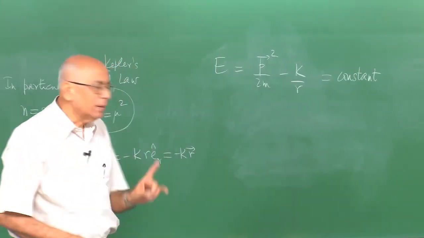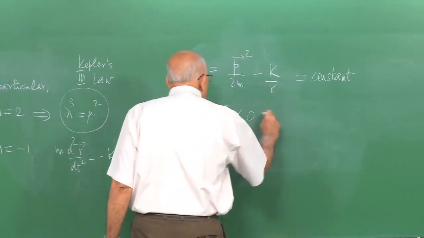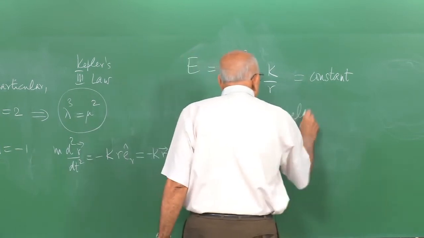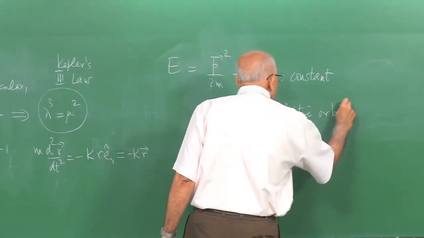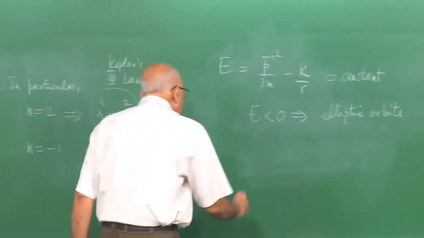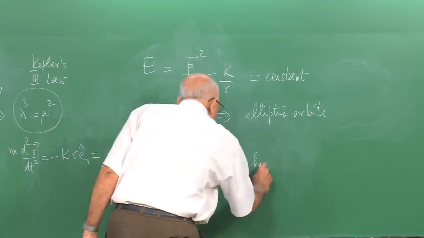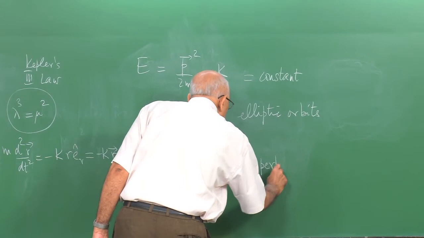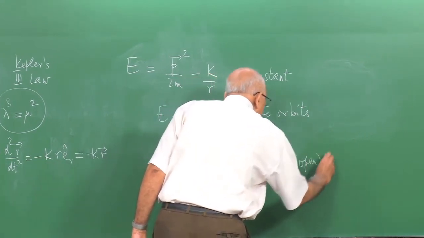Then what happens is that if E is less than 0, this implies elliptic orbits. But if E is greater than 0, this implies hyperbolic, open trajectories.